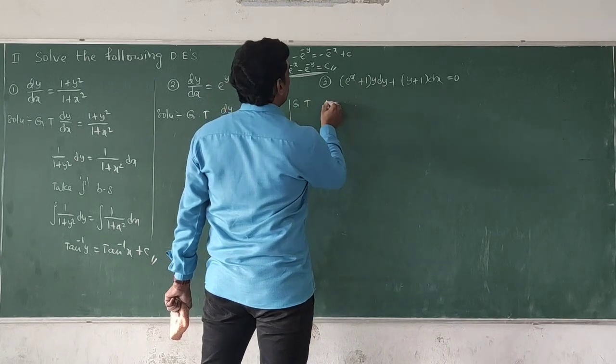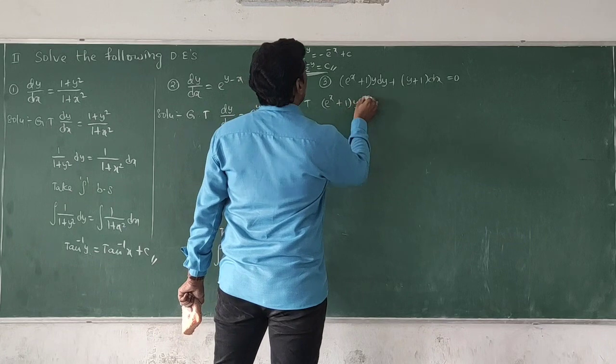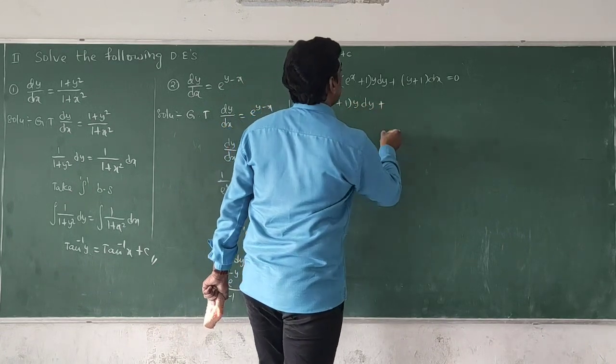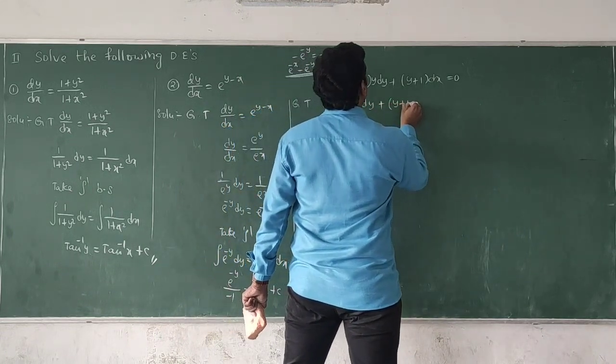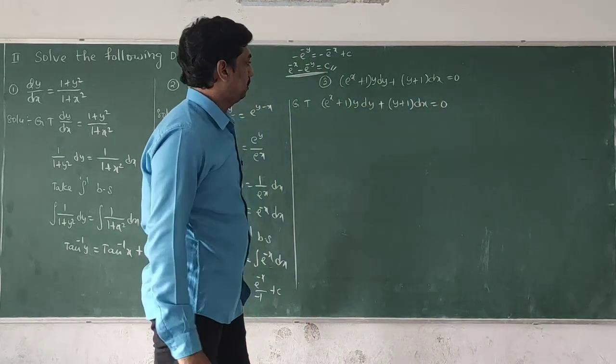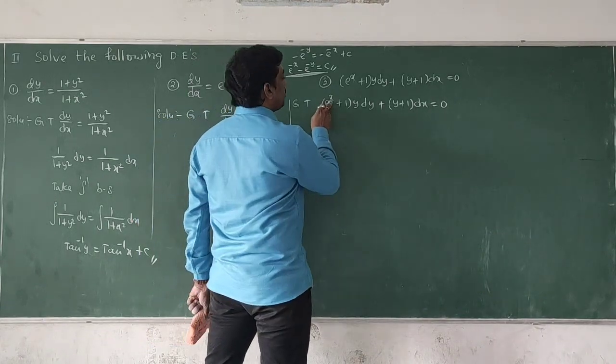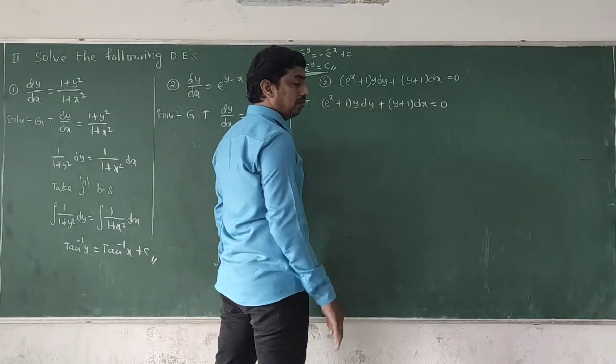In the solution, write down the given equation: e power x plus 1 into y dy plus y plus 1 into dx equals 0. We need to solve this one. Here there is a little difference, because of x terms into y terms we have dy.